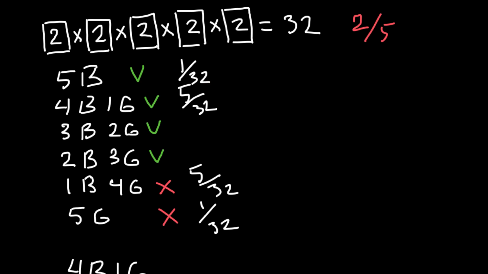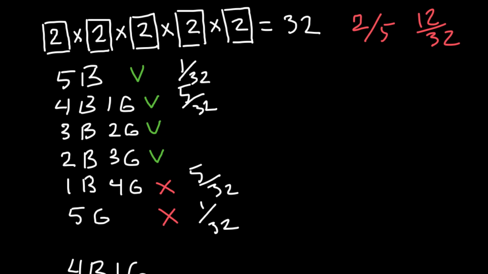1 over 32 plus 5 over 32 would be 6 over 32, plus 5 over 32 would be 11 over 32, plus 1 over 32 would be 12 over 32. So these four genotypes represent 12 over 32. That means that these two genotypes would represent the rest.